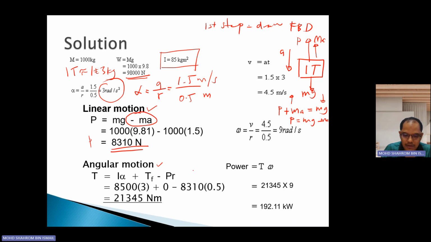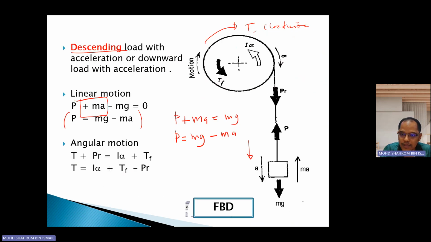Why does it go minus PR? We can check here. Since T goes here, if we check, torque plus PR. So torque, everything acting downward, plus PR, this one is downward.